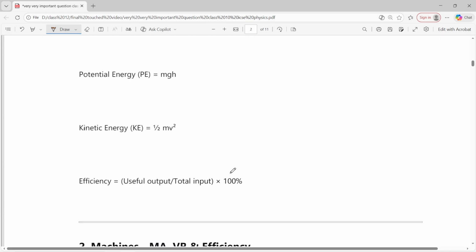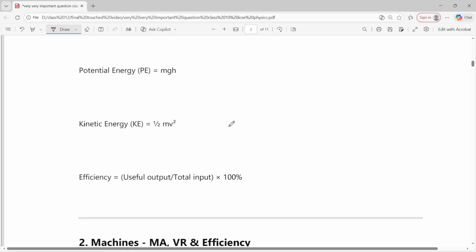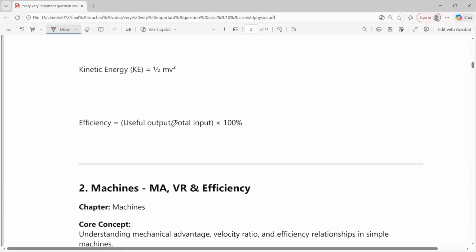Third, potential energy is mgh, kinetic energy is half mv square. Efficiency is useful output by total input into 100%. That is very, very important. Maximum number of students do not write how to calculate efficiency. Do not skip that part.